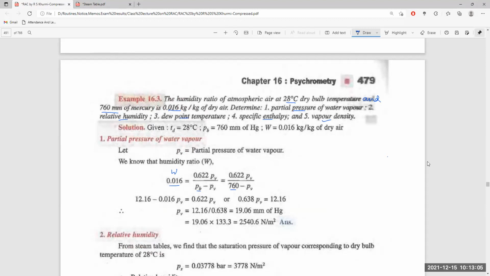Now, from the steam table, what is available? The saturation pressure at dry bulb temperature is given as PS equal to 0.03746, at a dry bulb temperature of 28 degrees centigrade.